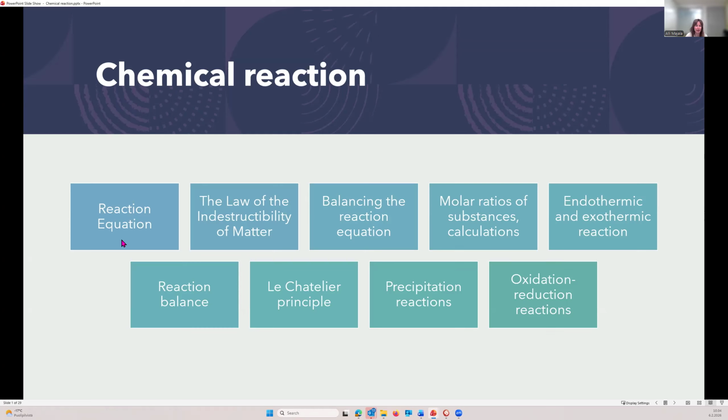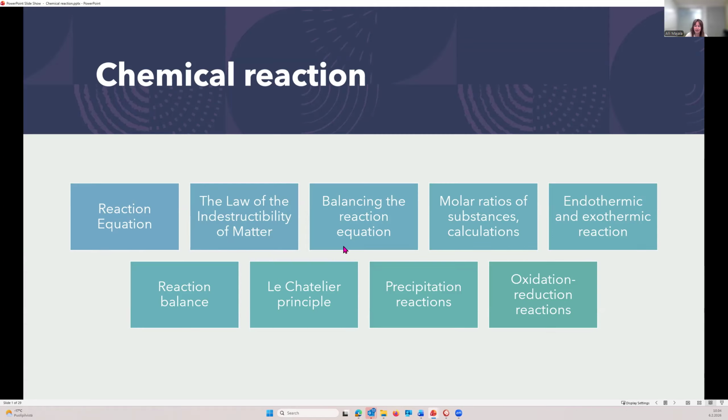So the chemical reaction, the things that we cover in this lesson are listed here. How you form the equation for the reaction, so that you don't lose any substances. This sounds really like the law of the indestructibility of matter.